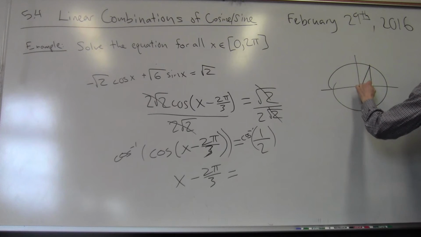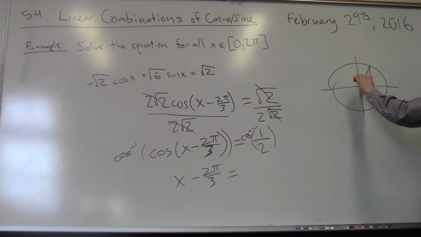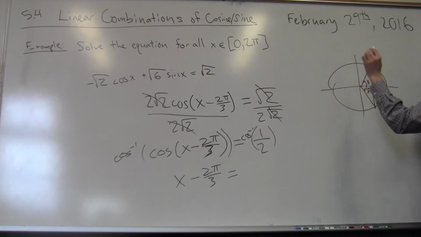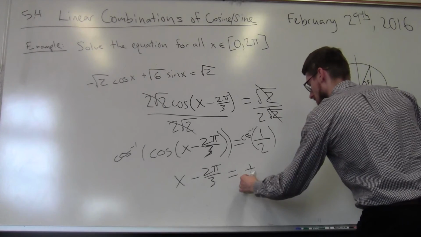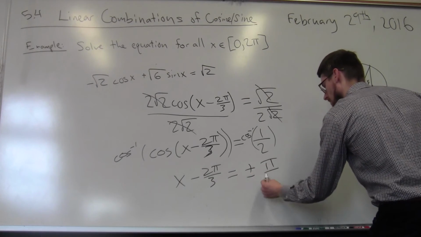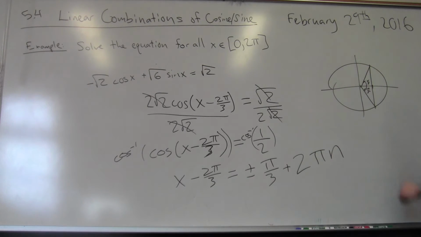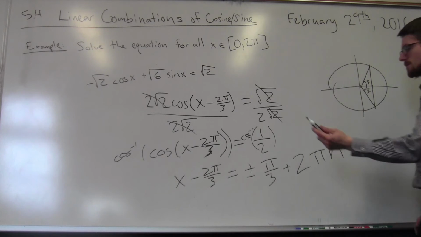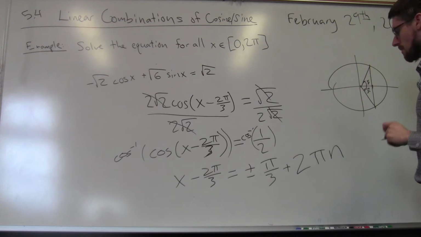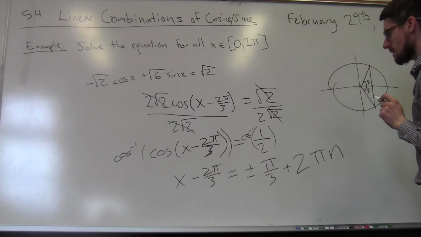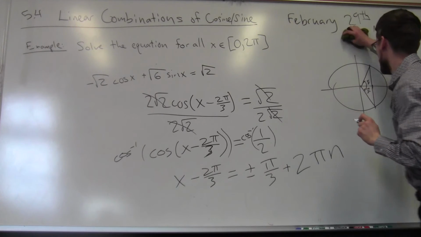We've got two angles to look at, one that's pi over 3 and one that's negative pi over 3. So we have plus or minus pi over 3 plus any multiple of 2 pi. Those are all of the solutions. And then lastly we add 2 pi over 3 to both sets of numbers. So let's finish that out.